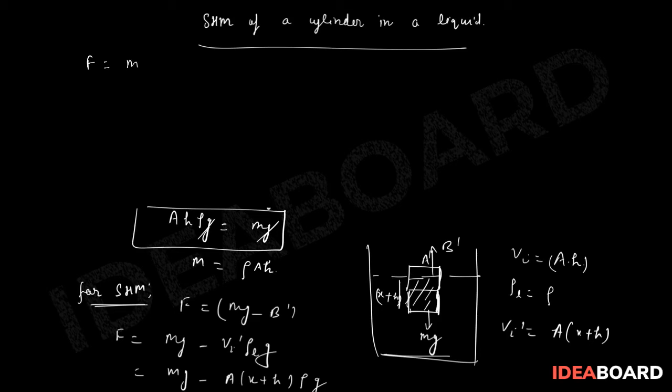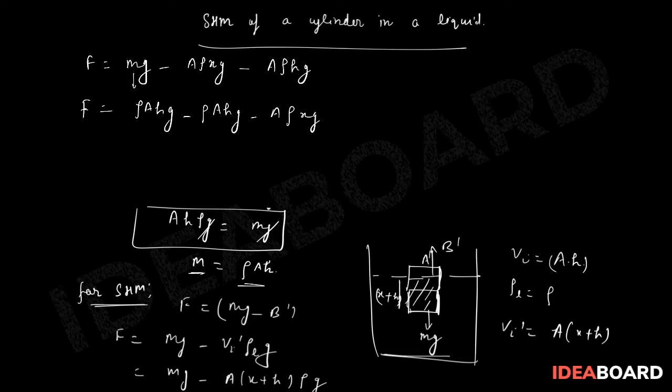F will be equal to mg minus A rho x g minus A rho h g. Interestingly, we have proved that m is equal to rho A h. So we can substitute: F is equal to rho A h g minus rho A h g minus A rho x g. Interestingly, this cancels out, so F is equal to minus A rho g x.